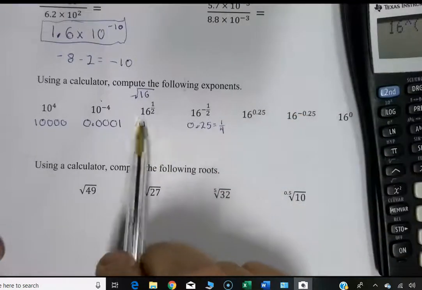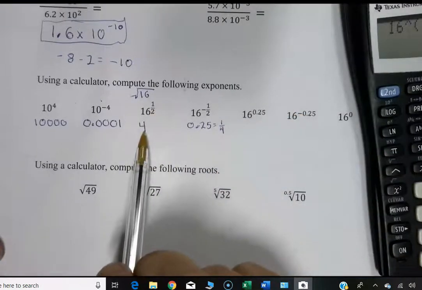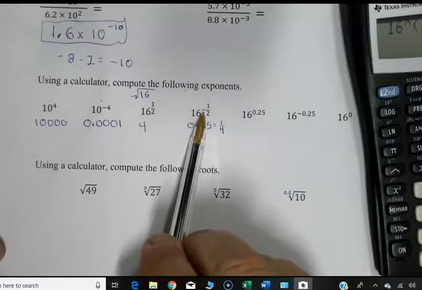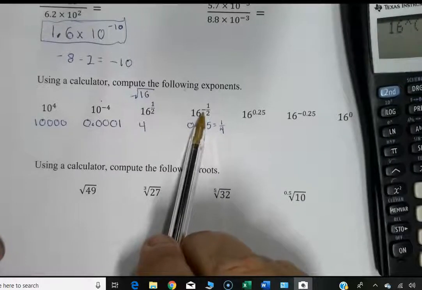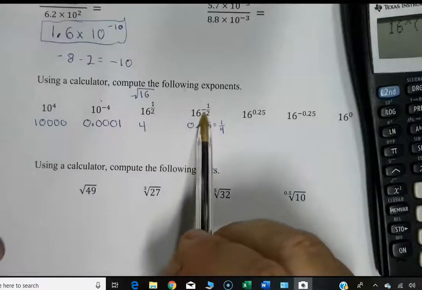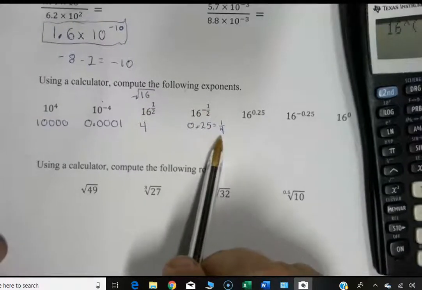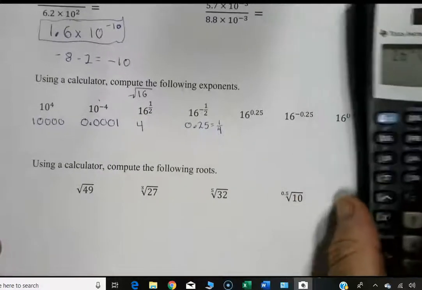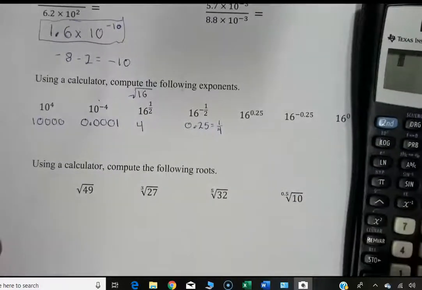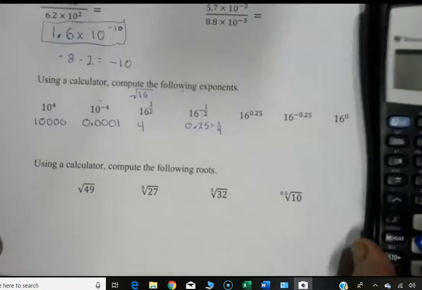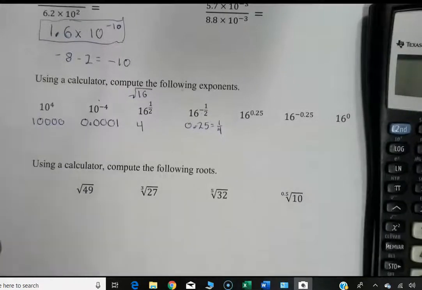Okay, how did you get there? Well, remember, 16 to the 1/2 was 4. The negative sign inverts whatever your answer is. It takes the reciprocal, okay? The negative on an exponent takes the reciprocal. So basically, it takes that 4 and flips it over to make it a 1/4. Okay, next. Try to do the next 3 on your own, and I'll just roll through those in a second, okay?